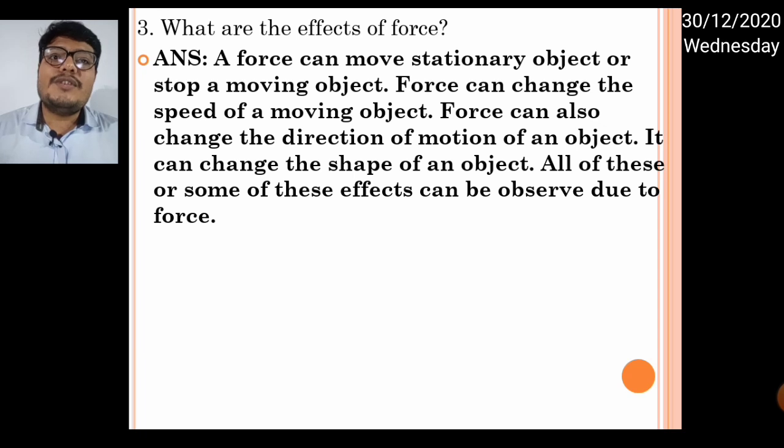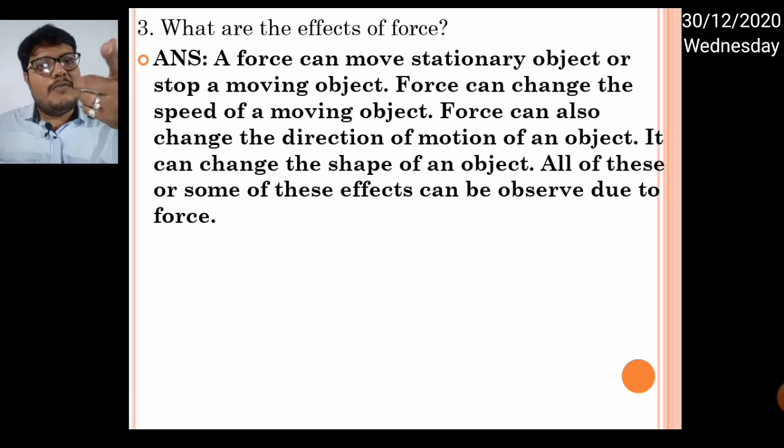Force can also change the direction of motion of an object. Direction can change, and speed can also change by the force. It can change the shape of an object, right? When you are pressing the rubber, the shape changes. All of these or some of these effects can be observed due to force, maybe all or maybe some in one case. So these are the effects of force.